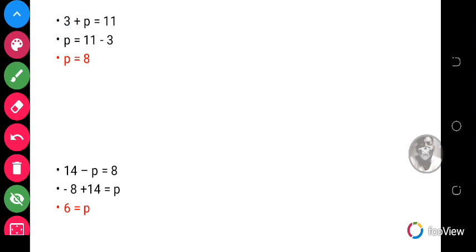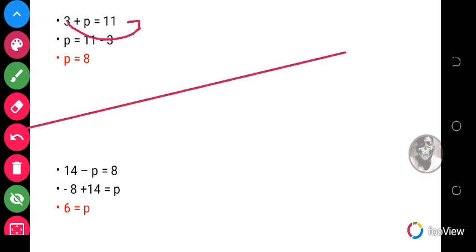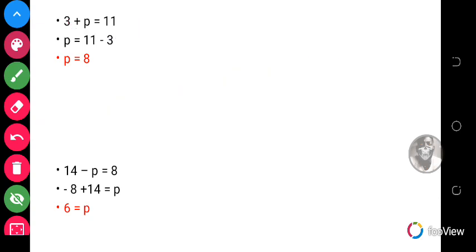So 3 moves to this side, p stays, 11 also stays. When 3 moved, it became negative 3. 3 here was positive, but when it moved across the equal to sign, it became negative 3.